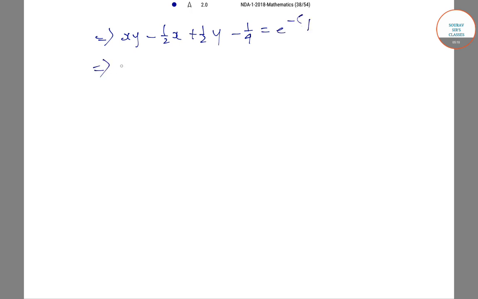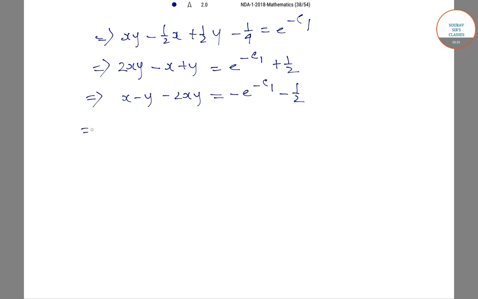So now if you further solve it, you will get 2xy minus x plus y, which is equal to e to the power minus c1 plus half. Now if you further solve it, you will get x minus y minus 2xy equals minus e to the power minus c1 minus half. So it will be x minus y minus 2xy equals c.